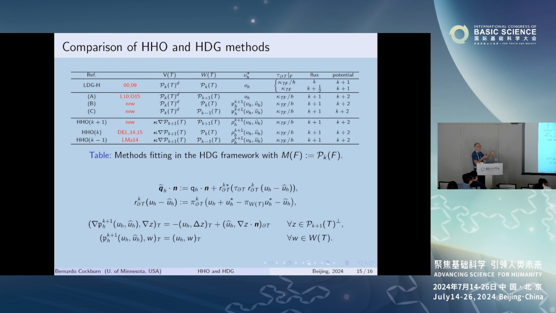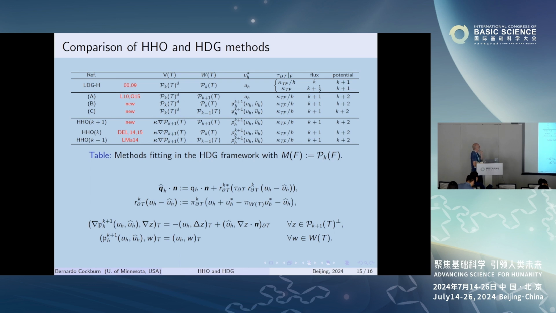Some of them are bigger than the others, but this doesn't really impact the global count. It's the same condition number. For all, the order of the condition number is h to the minus 2, which is what you expect for elliptic equations. So all of these methods have essentially the same computational complexity.